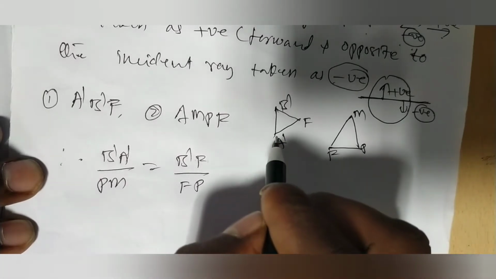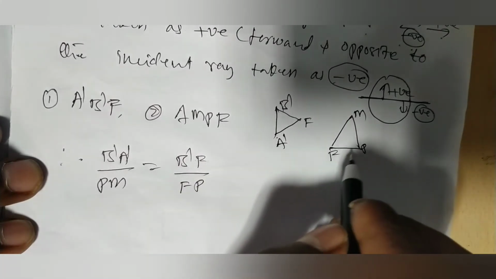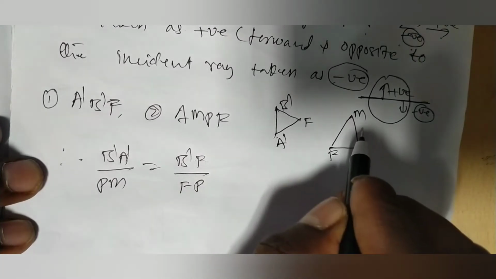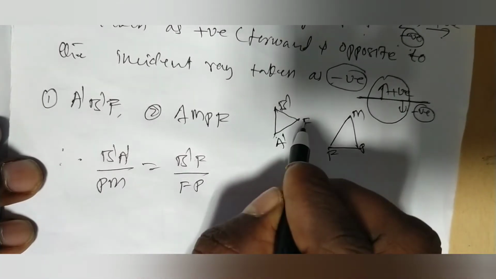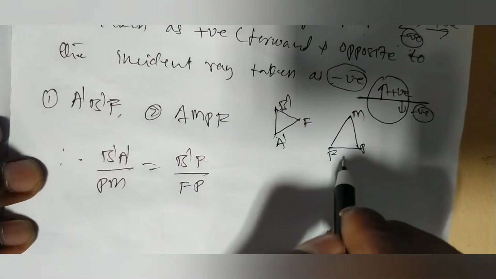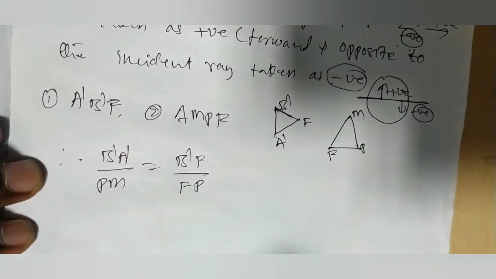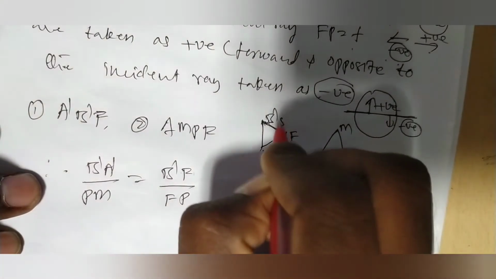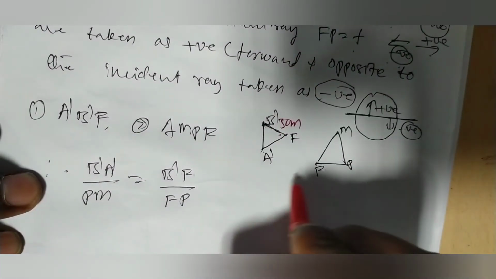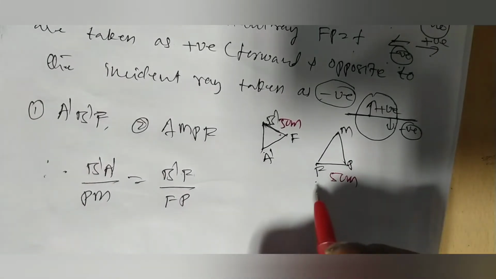B dash A dash is equal to PM, and B dash F is equal to FP. Suppose here B dash F is equal to 5 centimeter, here FP is equal to 5 centimeter, both having similar.